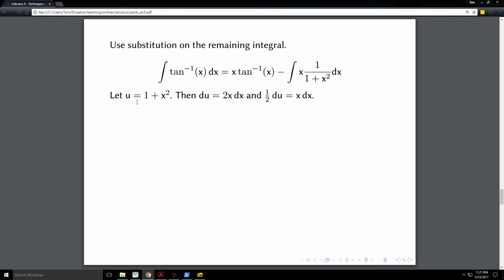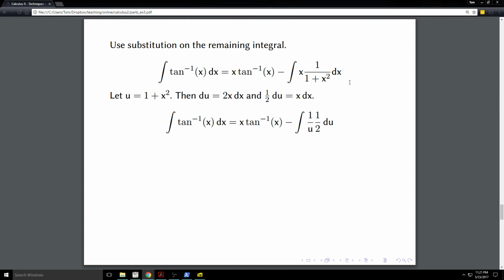So if I let u equal 1 plus x squared, then my du will be 2x dx, which almost works out perfectly. I have the x and I have the dx, but I don't have the 2 in there. So what I would do is adjust by multiplying both sides by half. And so then I have exactly x and dx. That's exactly what I have to account for in this integral.